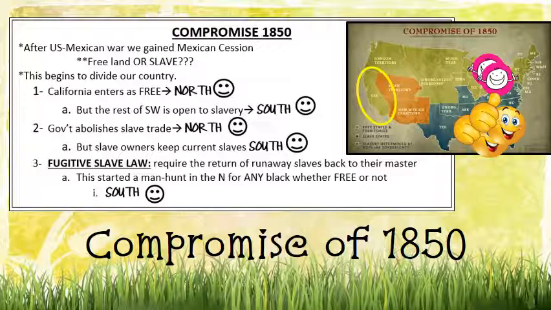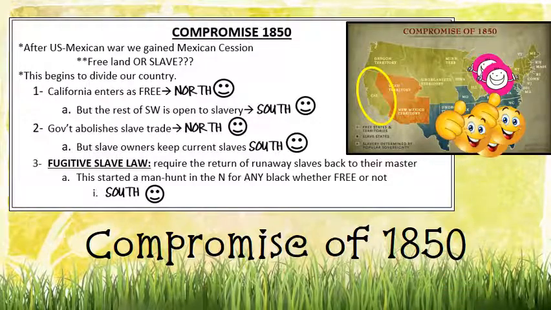This is where people from the South go to the North and hunt down black people, and they're like, oh, well, you're black, you must have been a slave and escaped. So you have this manhunt for any black man or woman in the North, whether they're free or not, to go, you know what, I bet your master's looking for you, come on. And they get arrested and taken back to the South.